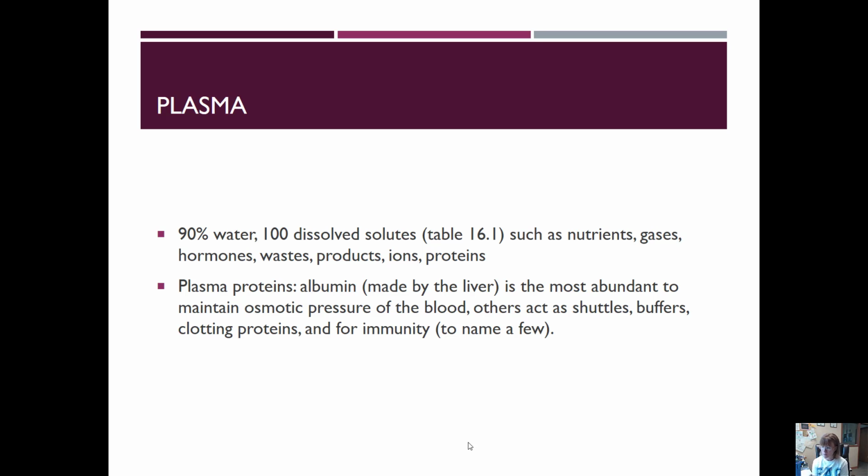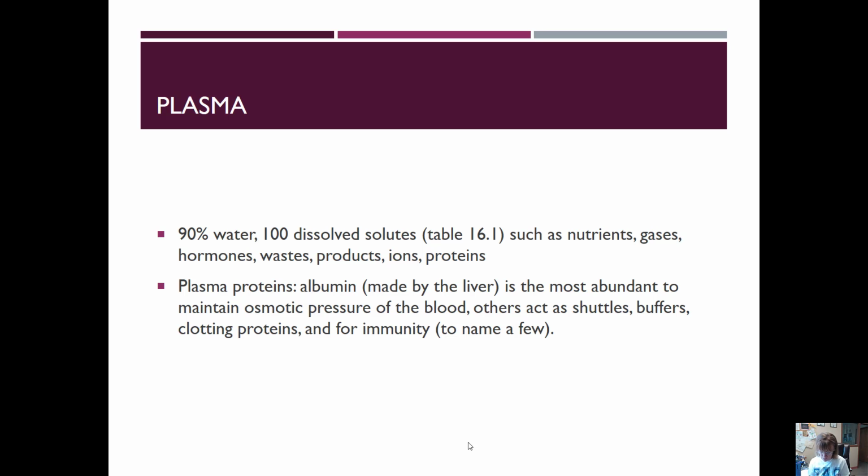So there gives an example of different kinds of proteins in your blood. Please make sure that you know albumin is the most abundant plasma protein. And as you can see there, it's made by the liver, and its job is to maintain osmotic pressure of the blood. We'll talk about more with capillary dynamics.